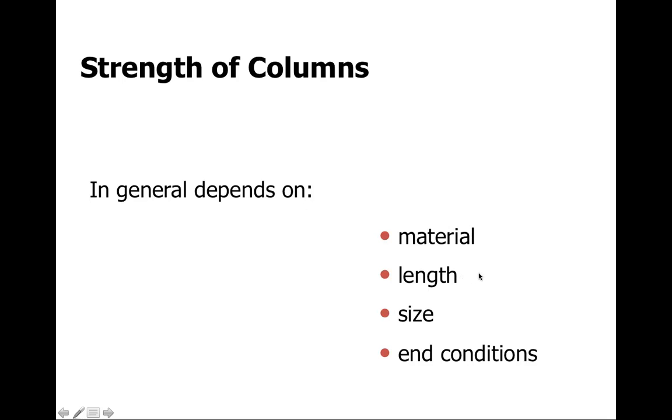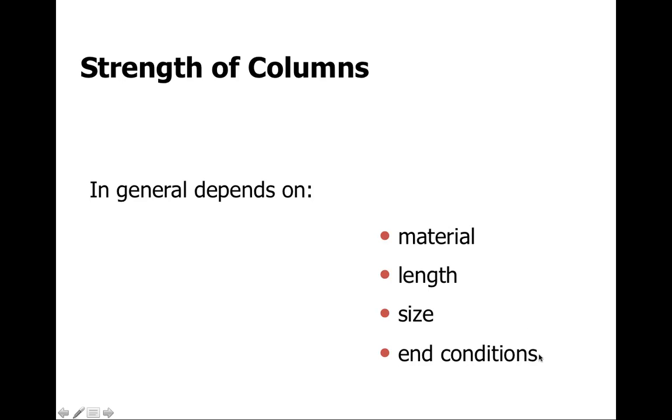Another consideration then would be the length of the column. How long is it? How tall is it? Is it a short, fairly stubby column, or is it a much longer column where we have other considerations? The size of the column, or even the geometry of the column, comes into play. How wide is it? How narrow is it? And those sorts of things.